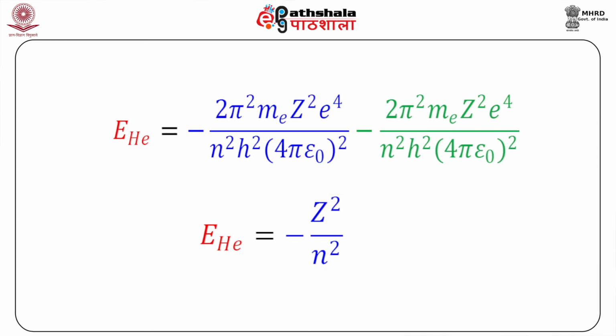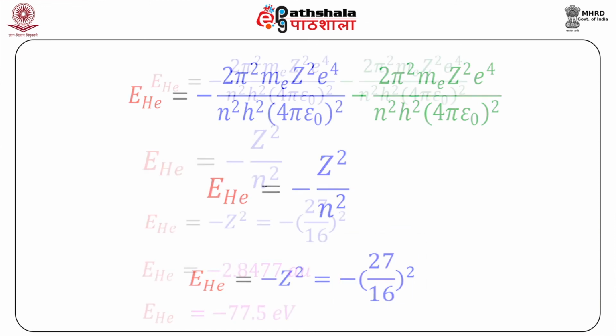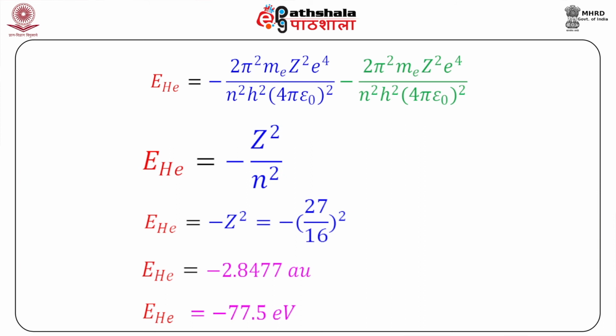on neglecting inter-electronic repulsion term. Now substituting the value of Z minimum from equation 18, that is 27 by 16, into equation 20 gives us equation 21. That is, the approximate energy for helium is obtained as minus 2.8477 atomic units, or in electron volts as minus 77.5 electron volt.